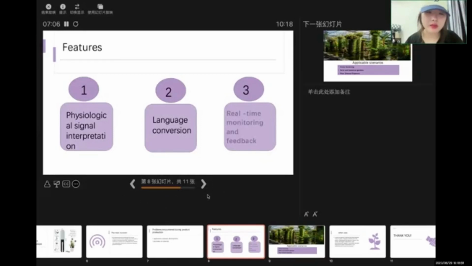This helps the plant manager or horticulturist to understand the health of the plant and take the necessary action in time. These are what I consider to be the three main features of a smart plant translator. Okay, that's all.